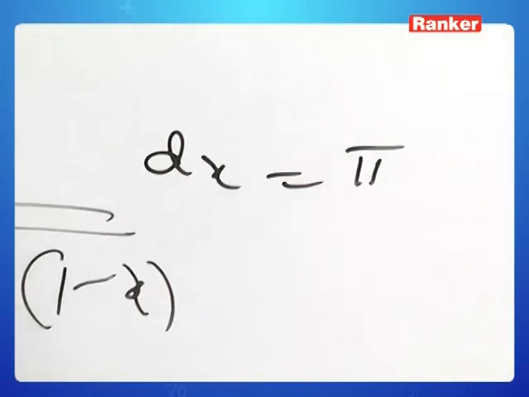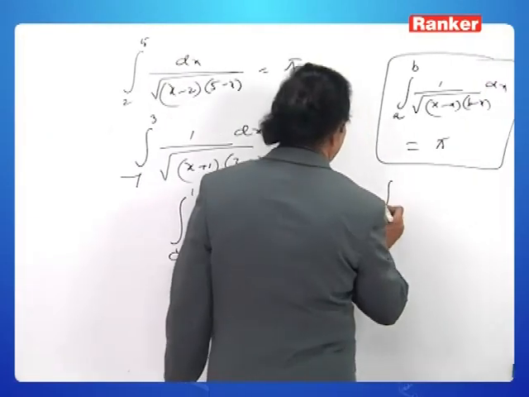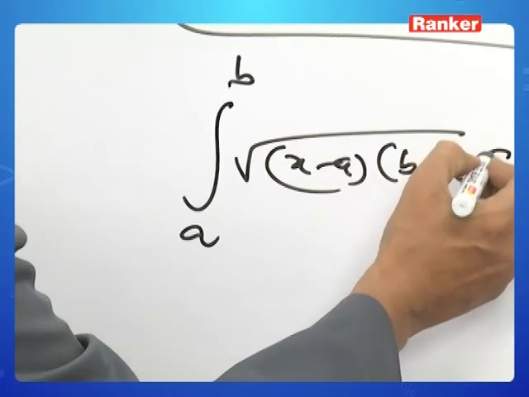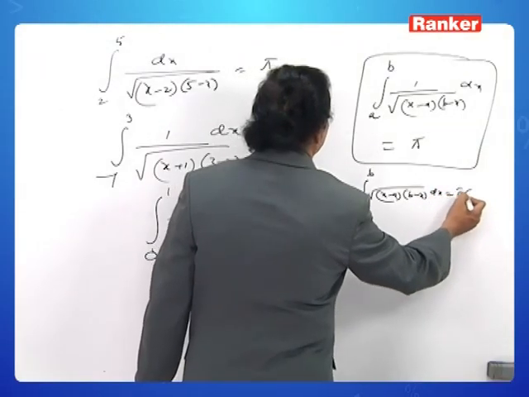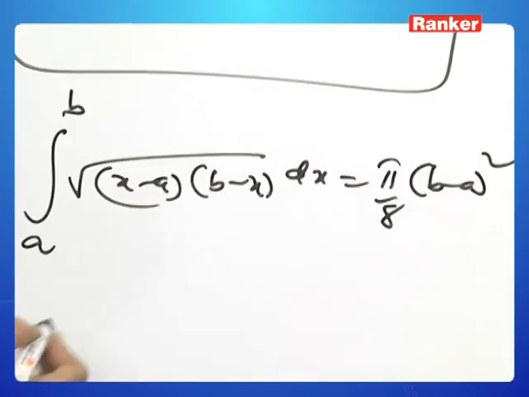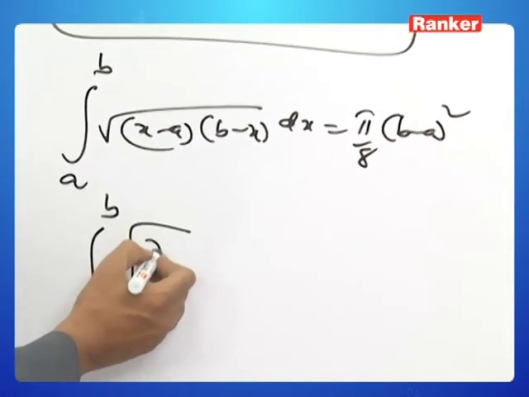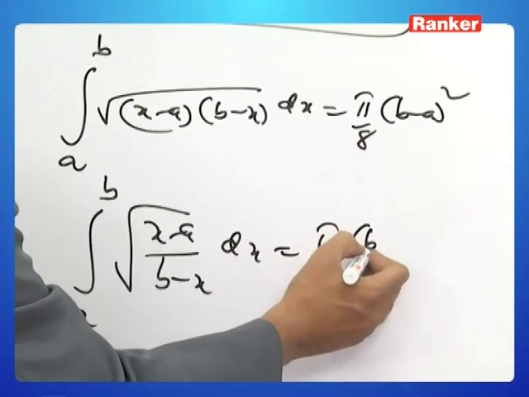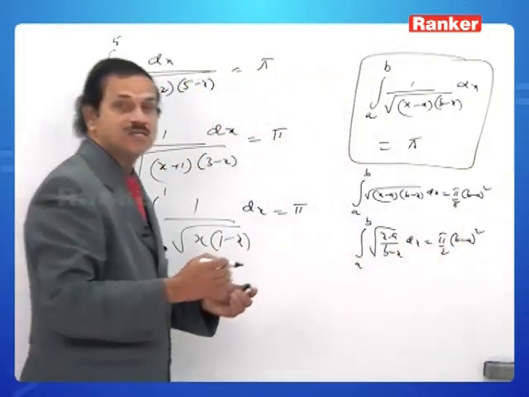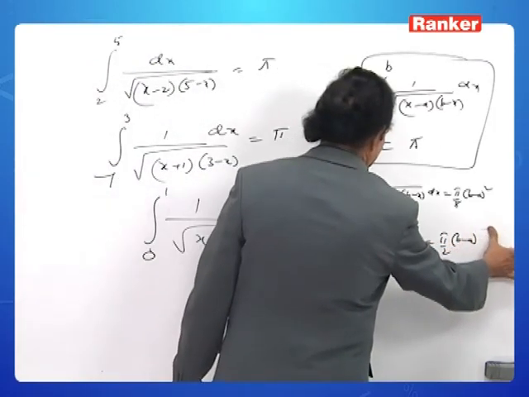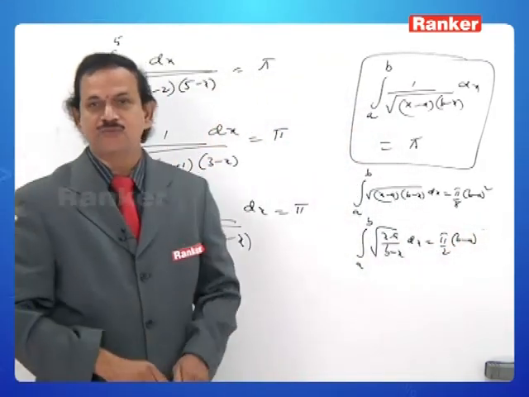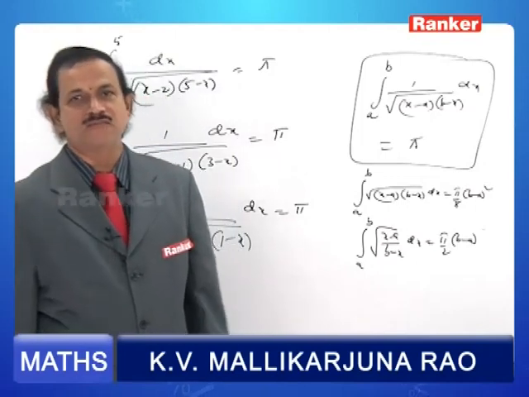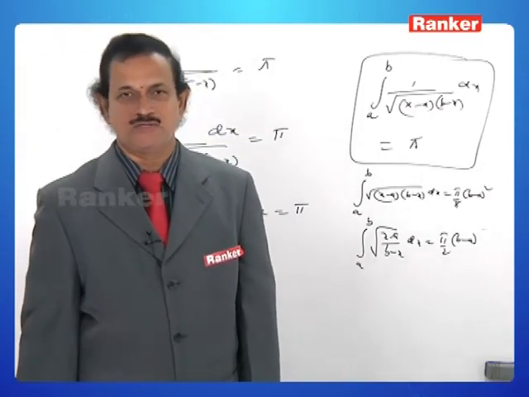Well, this formula and the previous formula, that is integral a to b root of x minus a into b minus x dx is equal to pi by 8 into b minus a whole square, and the very first formula of this sort, integral a to b root of x minus a by b minus x dx, which is pi by 2 into b minus a only, not whole square, all these formulas can be derived by using a standard substitution: x is equal to a cos square theta plus b sin square theta, and by changing the limits accordingly with respect to theta.